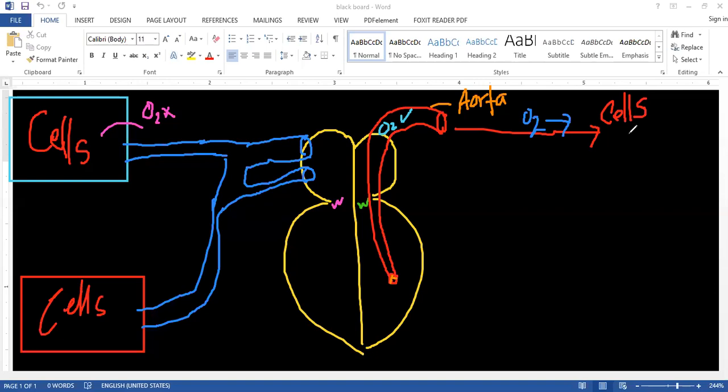Oxygen is used. Then the blood coming through these tubes, blood with no oxygen, is called what? Deoxygenated blood.